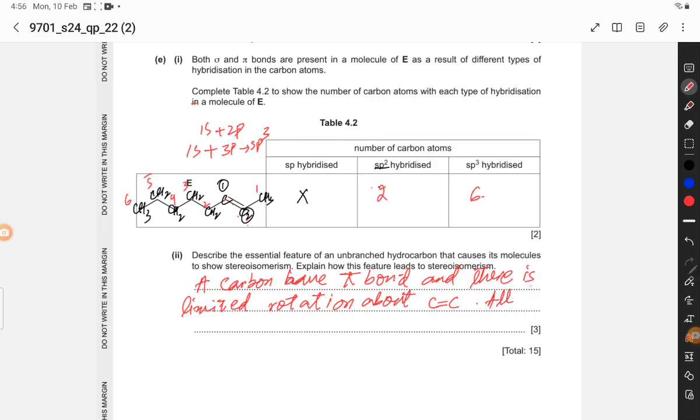Also there should be two different groups on each double bonded carbon.